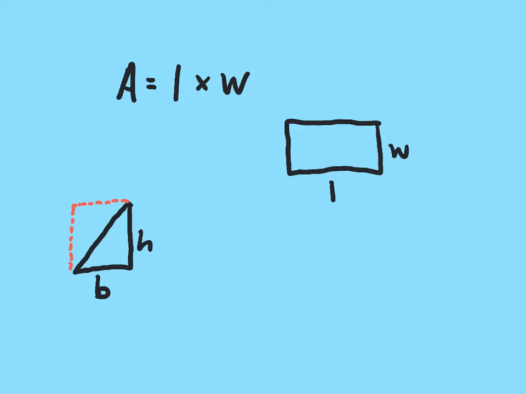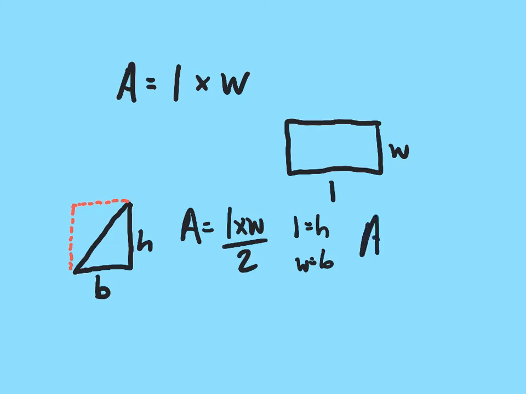So that becomes area equals length times width divided by 2. Except with triangles, we replace L with height and W with base. So the formula becomes area equals base times height divided by 2.